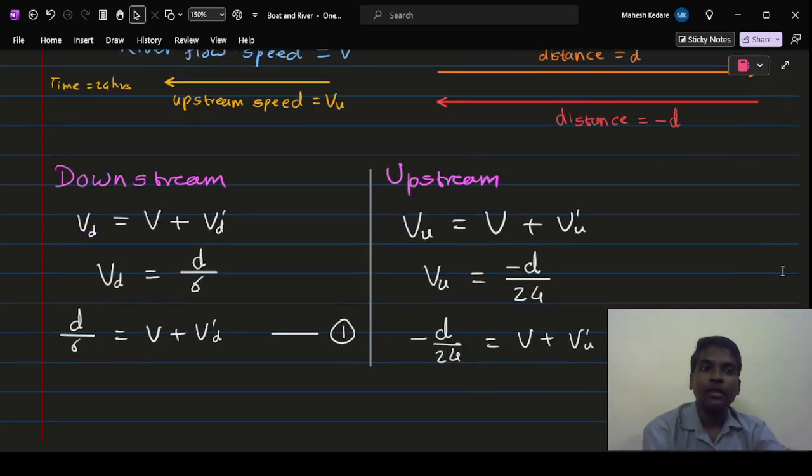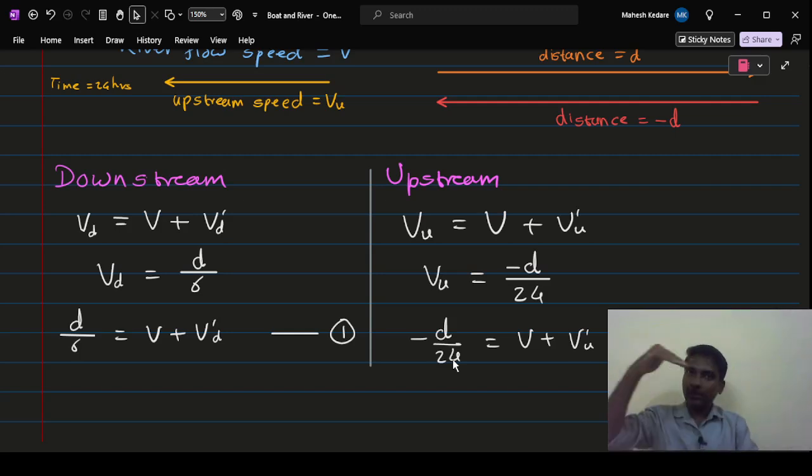If the engine of the boat is working with the same power when the boat is traveling downstream or upstream, then the magnitude of the speed of the boat relative to river flow will be the same. The boat will travel with the same speed in the direction of the river as well as in the opposite direction of river flow if its engine is working with the same power. We are assuming that the engine of the boat is working with the same power in both the cases, and the speed relative to river flow will be the same in both the cases.